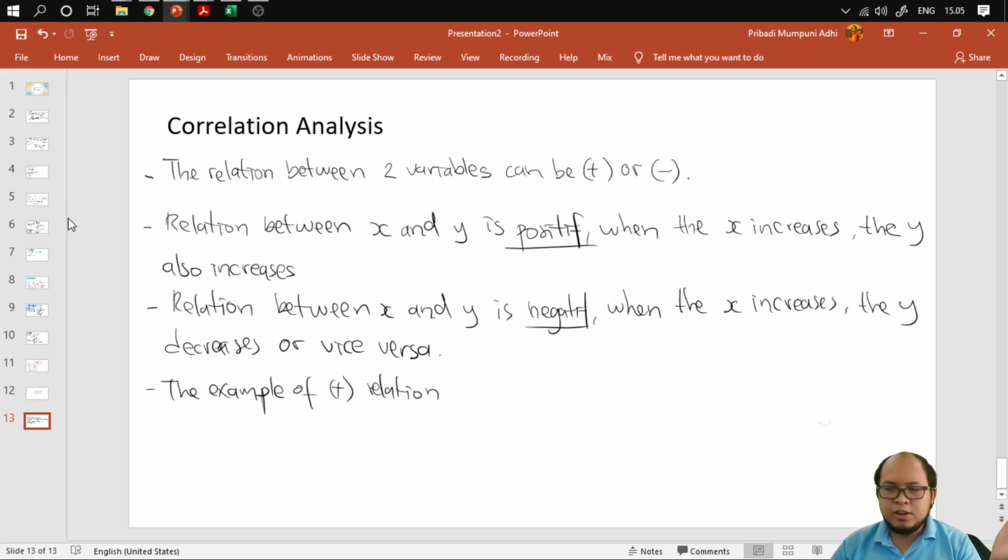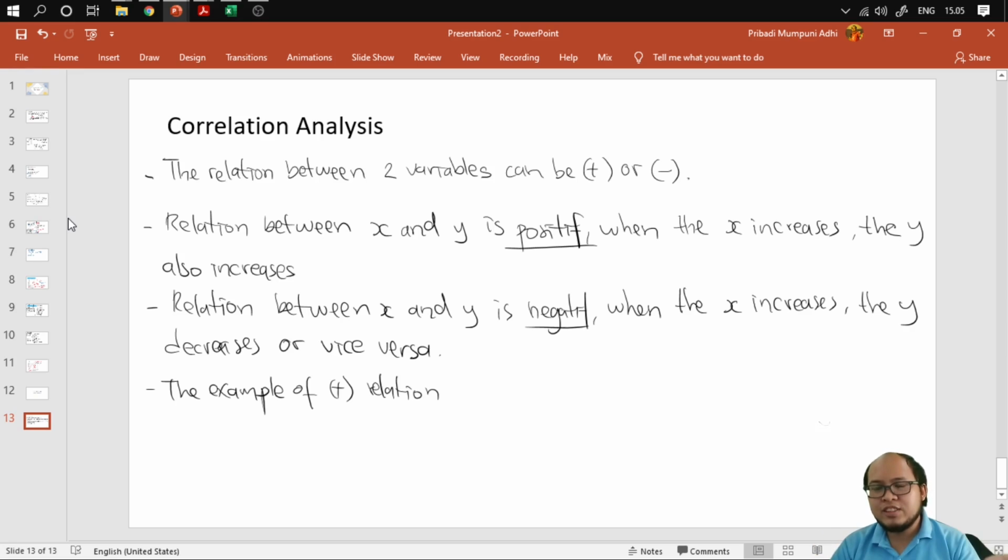Another one is when we have our weight and the blood pressure. Usually, if we are overweight, so our blood pressure also increases. Or when you do the agriculture, if you increase the fertilizer, the cost of the production will be increased.